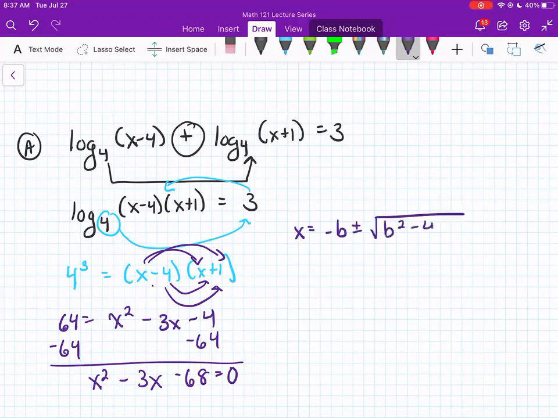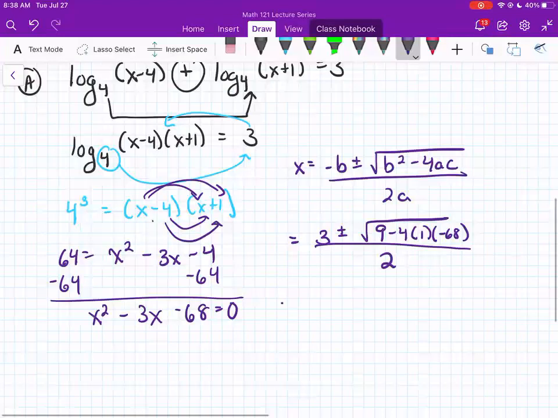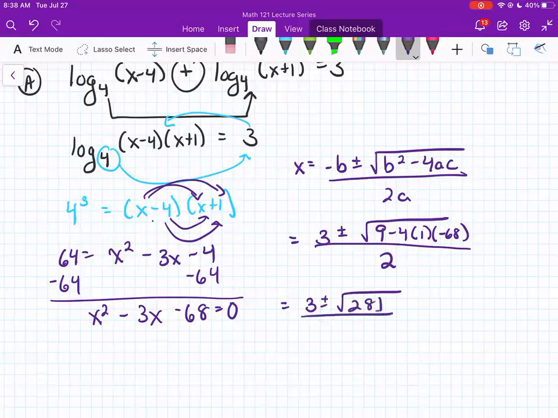Using the quadratic formula of x equals negative b plus or minus the square root of b squared minus 4ac over 2a leads us to 3 plus or minus the square root of 9 minus 4 times 1 times negative 68, all over 2, because 2 times 1 gives us 2. I can simplify this further and I get 3 plus or minus the square root of 281 over 2.